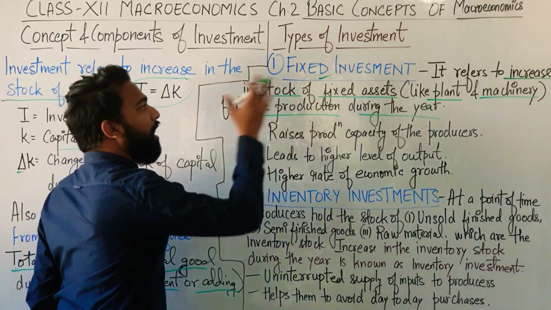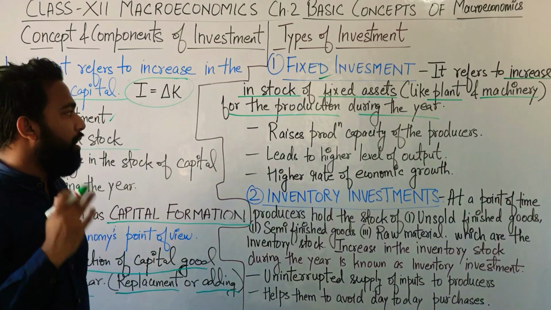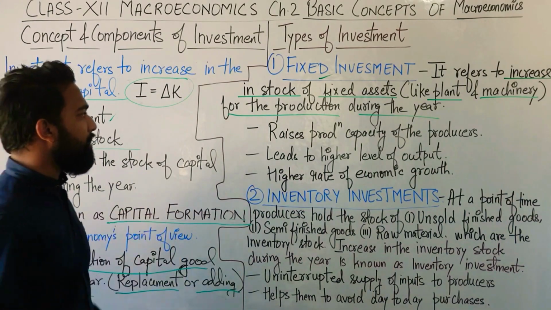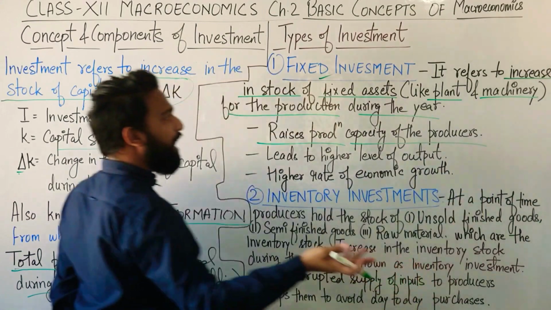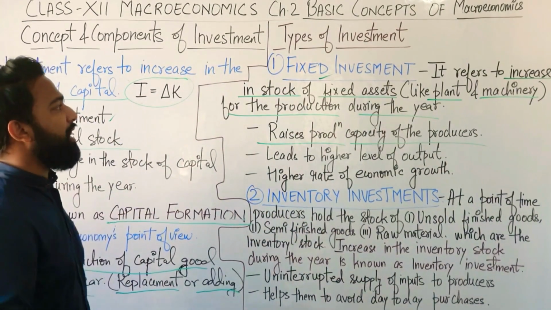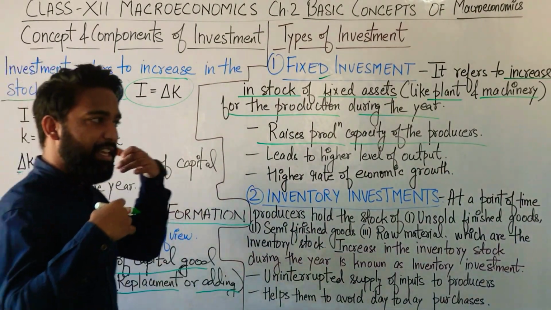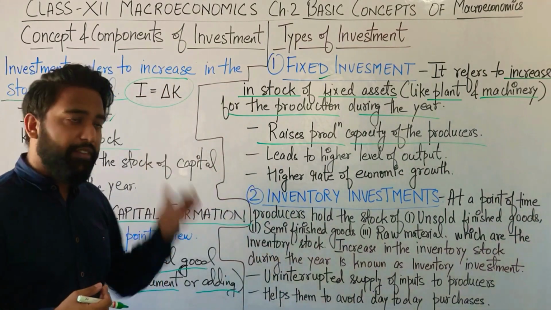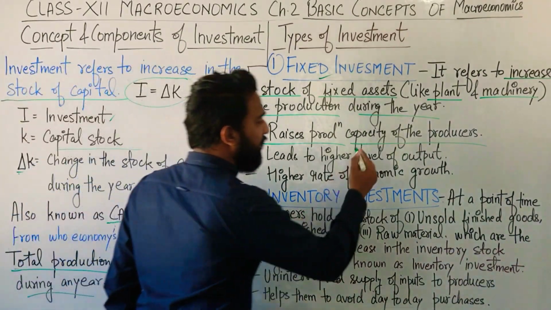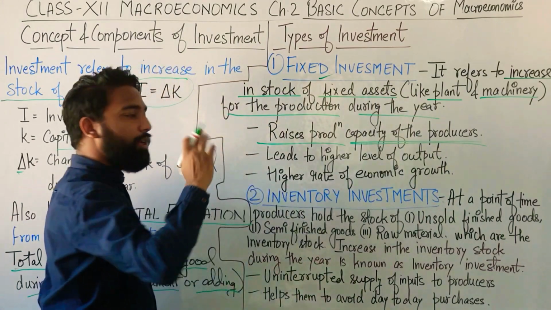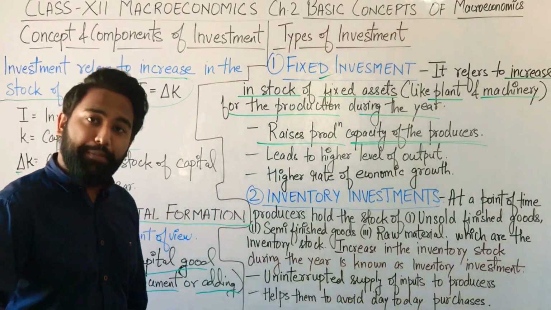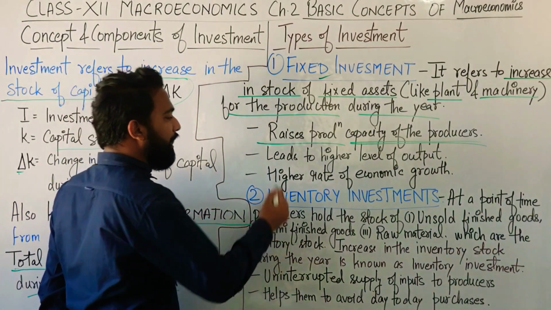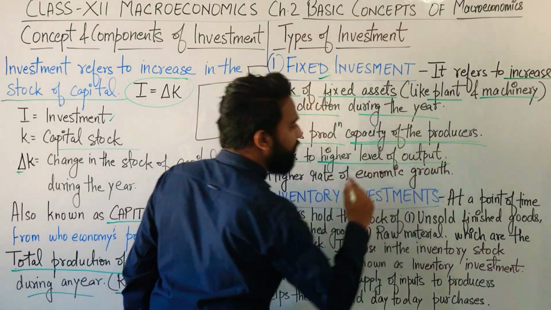Now, what are fixed investments used for? Fixed investment helps us in raising the production capacity of the producer. If our fixed assets are increasing, then definitely it will increase the capacity of the producers to raise its production. And if the producers' capacity is increased, then it will lead to the higher level of output.